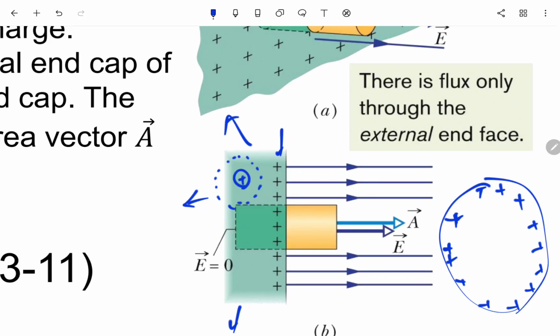Inside the conductor, E must be 0. It can only generate some E field outside.